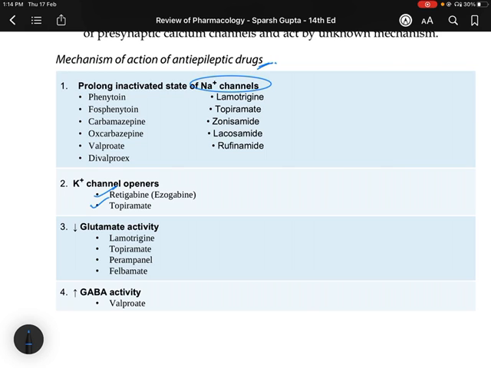For prolonged inactivation of sodium channel, we have phenytoin, fosphenytoin, carbamazepine, oxcarbazepine, valproate, divalproex, lamotrigine, topiramate, zonisamide, lacosamide, rufinamide. And we are decreasing the glutamate activity because it's an excitatory neurotransmitter.